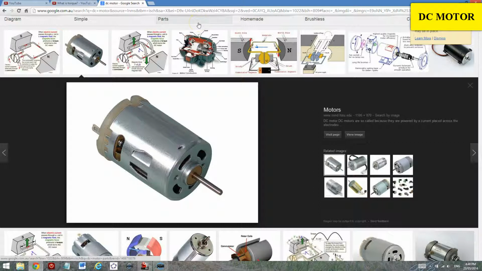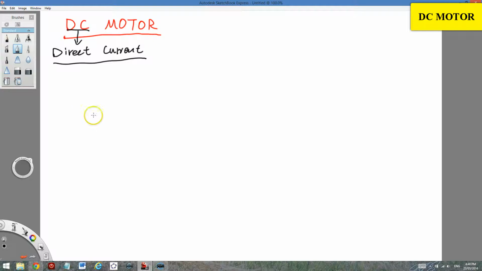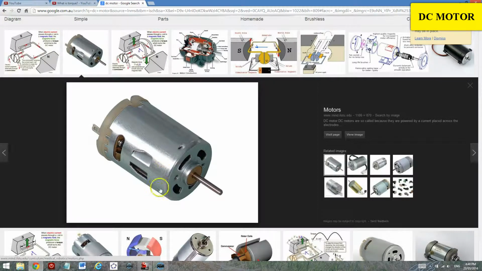I'm going to draw a design of a DC motor here, but the design I'm going to draw is not exactly the same as those ones, because I'm going to draw the simplest design of a DC motor.